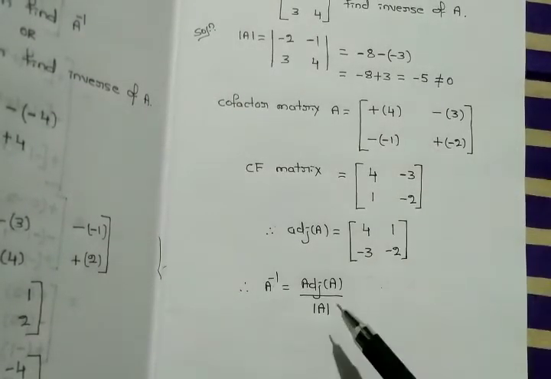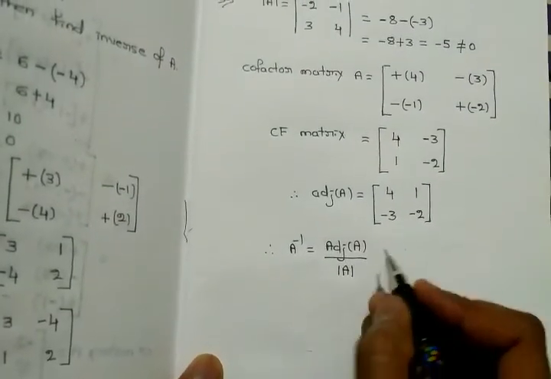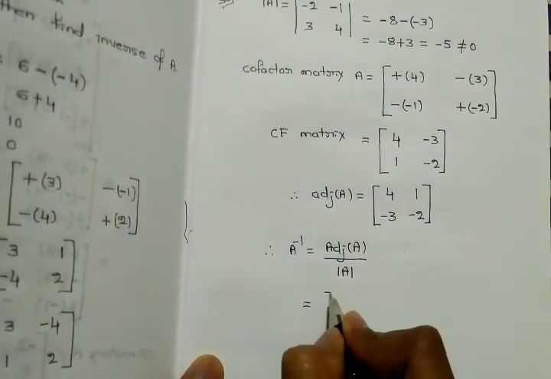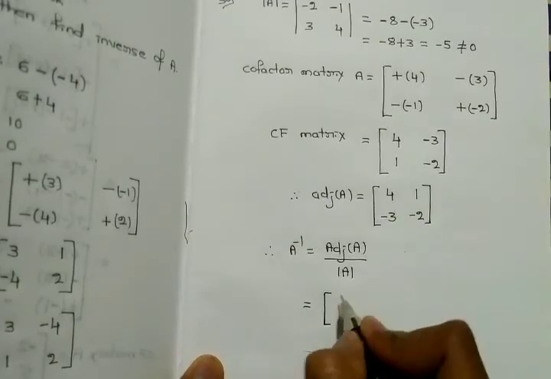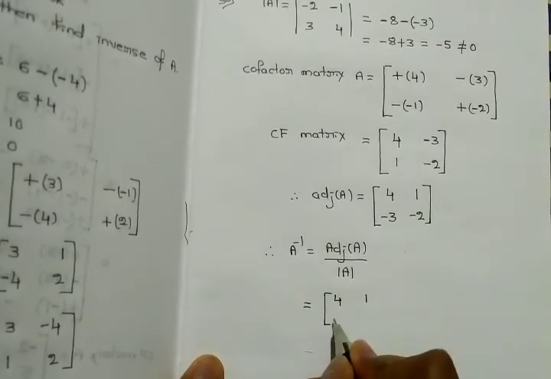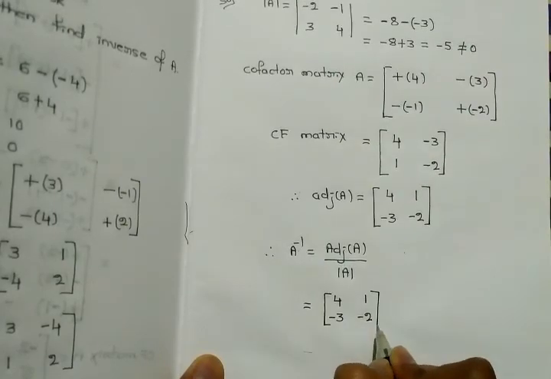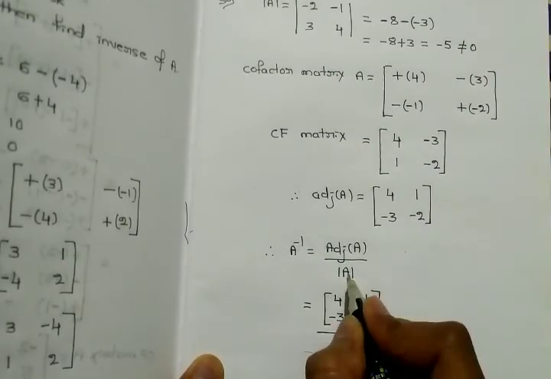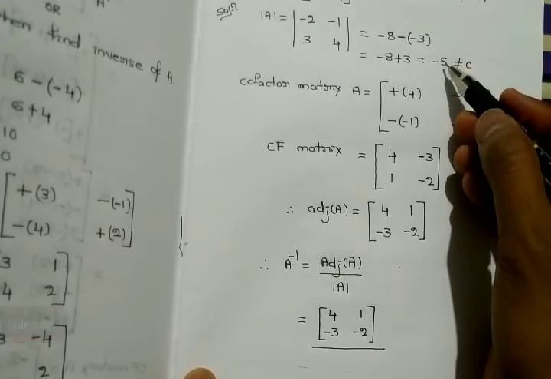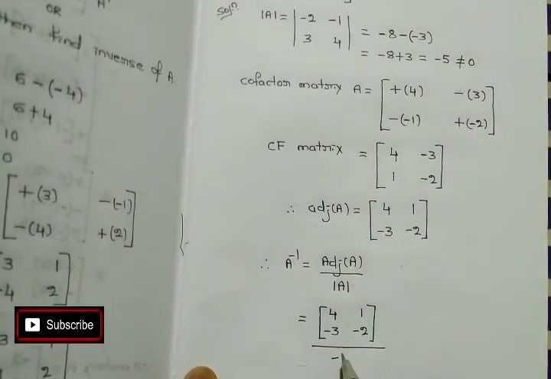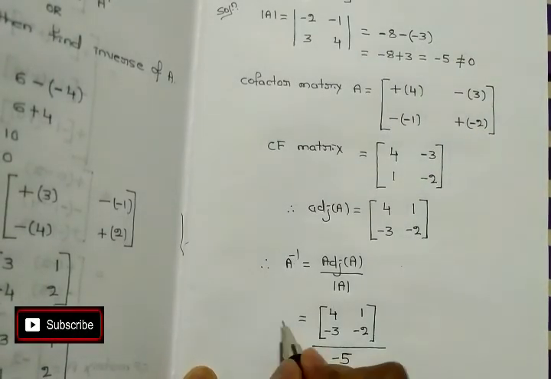These two values substitute here. Therefore, which is equal to adjoint of A value 4, 1, -3, -2, divided by determinant of A value, which is how much here? -5. So this is the value of what here? A inverse.